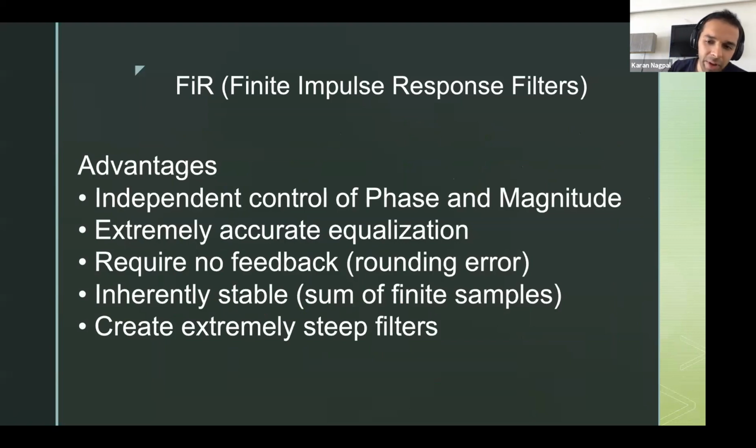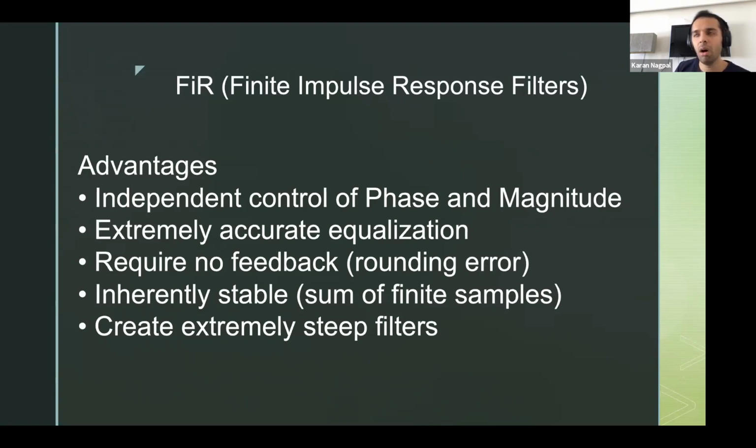Advantages: you can control your phase and magnitude independently. The equalization, as you saw, is very accurate, introducing almost no phase shift at all. There's no feedback loop. When you're using infinite impulse response filters, like your regular bell filters or even your crossover filters, they use your existing inputs plus a sample of the output of the previous sample.